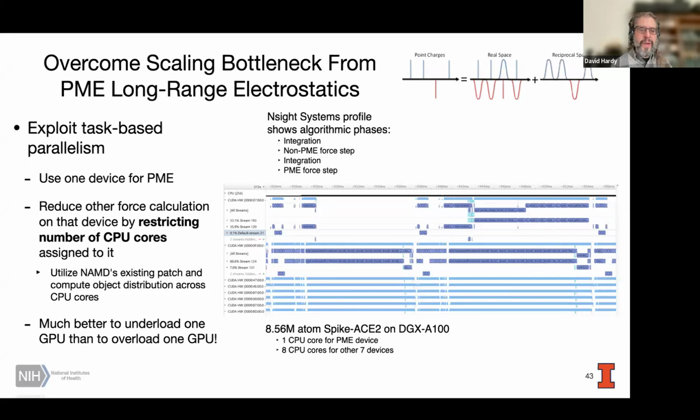We're basically utilizing NAMD's existing patch and compute object distribution that we already had in place, where it's trying to evenly distribute work across all the CPU cores that you tell NAMD that you're using up front.